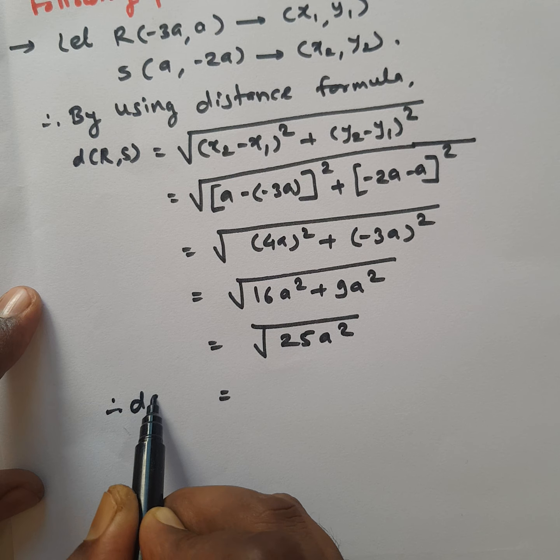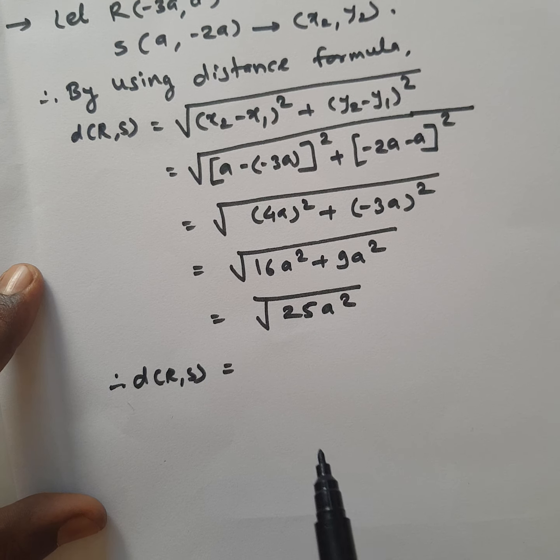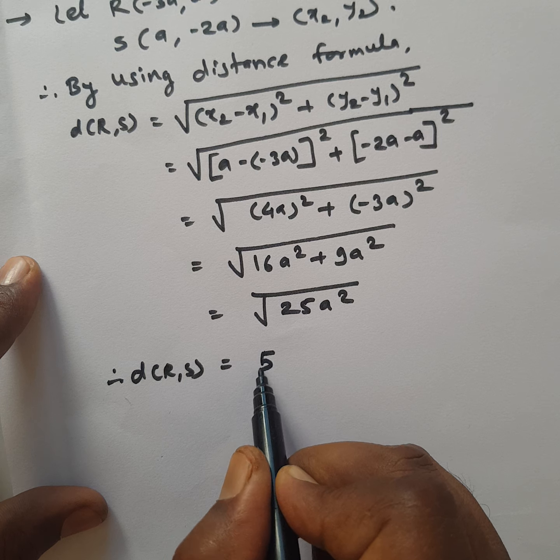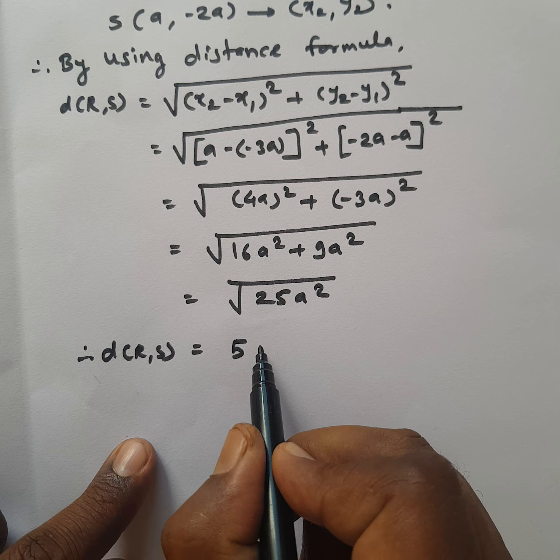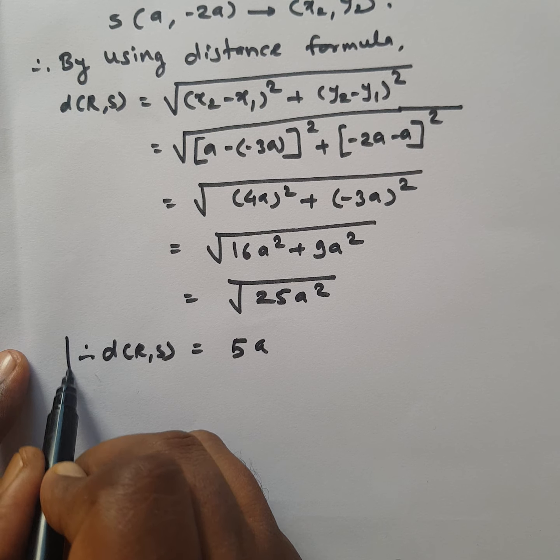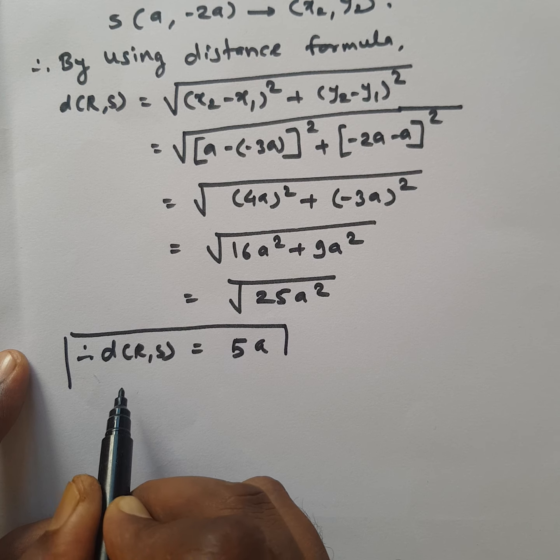Therefore, distance RS is equal to the square root of 25, which is 5, and the square root of a square is a. Therefore, distance RS is equal to 5a.